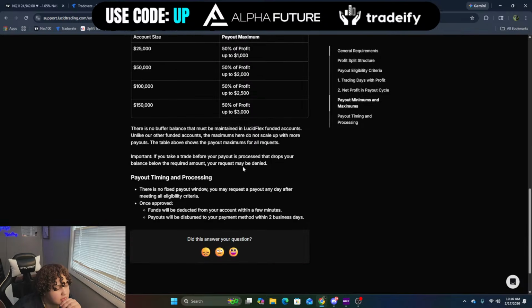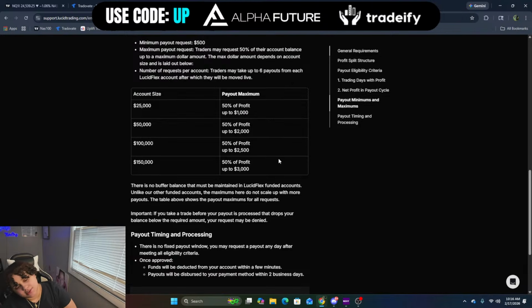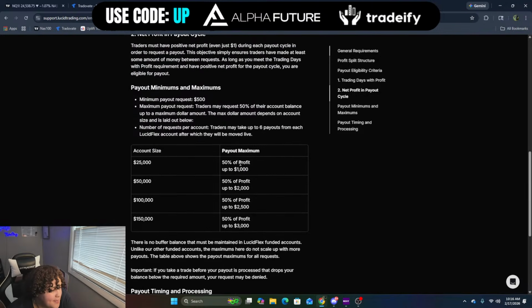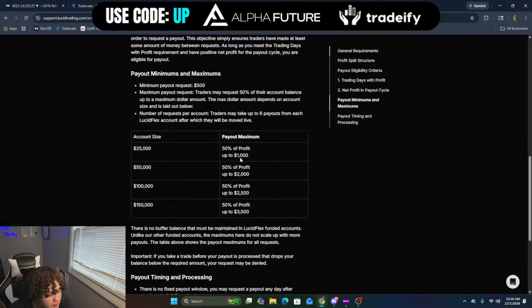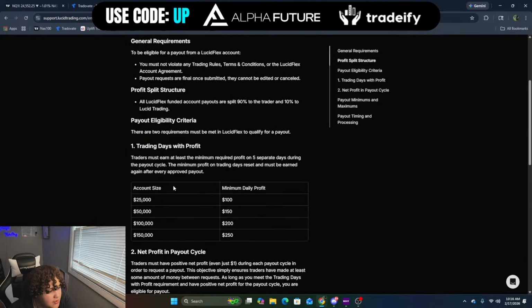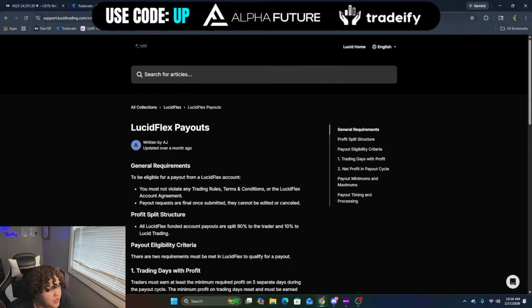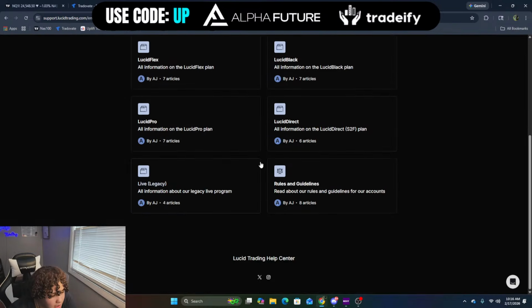Not horrible. It's still capped. But I guess it's good that you don't need like a specific buffer. Traders may take up to 6 payouts from each Lucid Flex account, after which they will be moved to live. That's also, I would say, regular. You see that a lot.